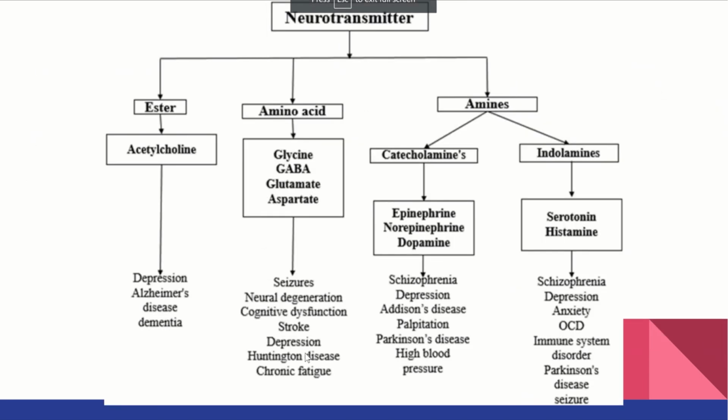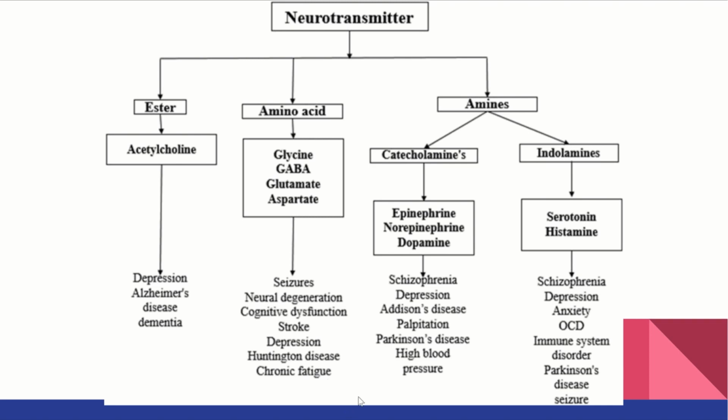The last thing I wanted to touch on in this lecture was I really wanted to show you some disorders that are associated with each of these classes of neurotransmitters, and how if we have dysfunctions in any of these specific families of neurotransmitters, what those look like.